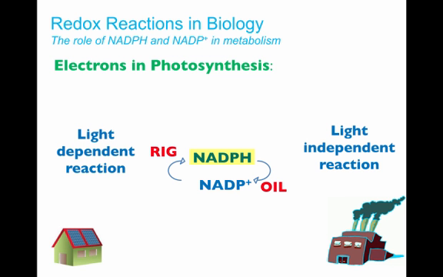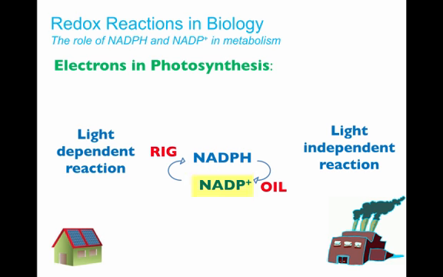Now, NADPH is free to travel about the cell, carrying its extra electron. And it can carry it all the way to the light-independent reaction, where it will then lose its electron to the Calvin cycle in the process of making glucose. Now, when NADPH loses an electron, it becomes oxidized to form NADP+.